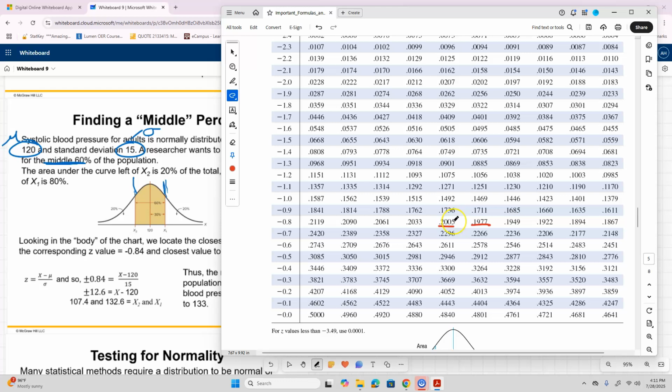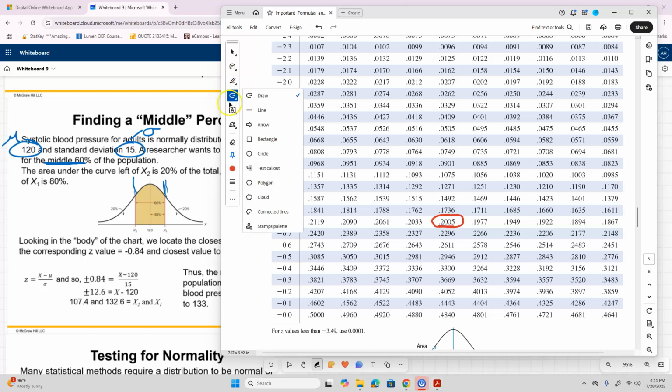Well, in this case, the 0.2005 is only 0.005 above, whereas the 0.1977 is 0.023 below. So the one that's a little bit above is the one that's closer. Okay, so that's our value. That's going to give us our z. We only have to look up one of these, and I'll show you why when we get this answer.